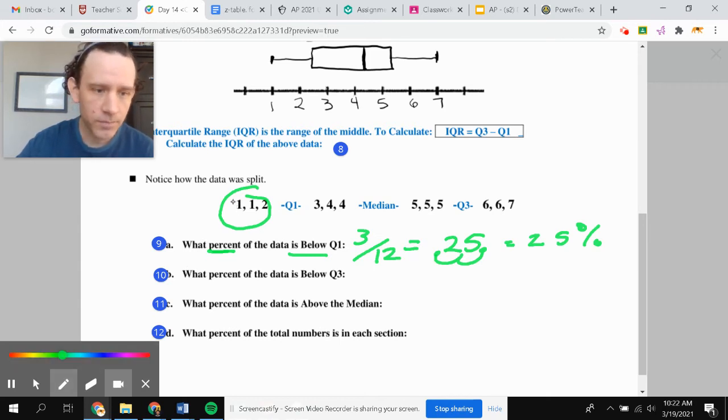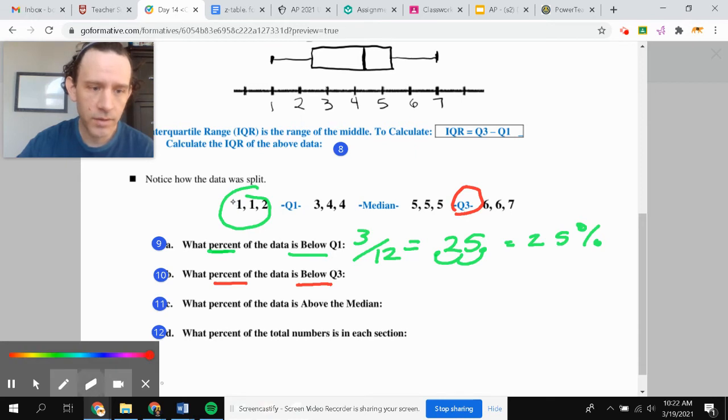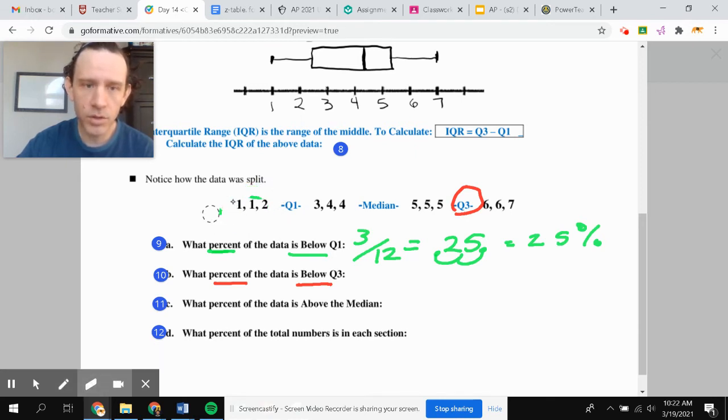So let's keep going. All right. So let's take a look now at number 10. We want the percent of data below Q3. So how many data, if this is Q3, how much data is below that? Well, let's take a look. How many numbers are below Q3?